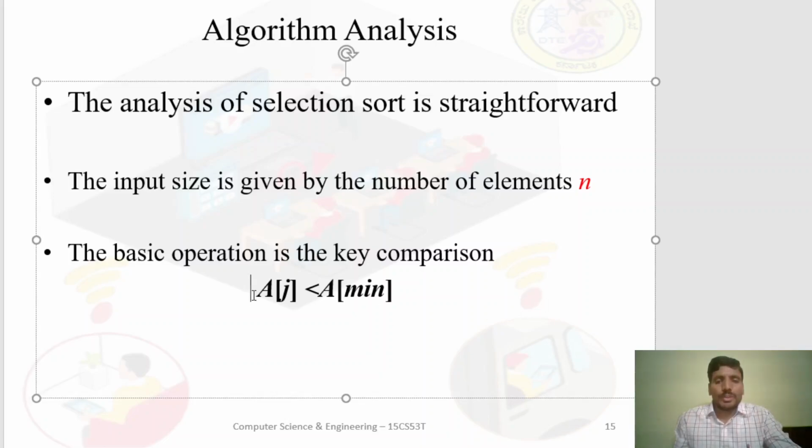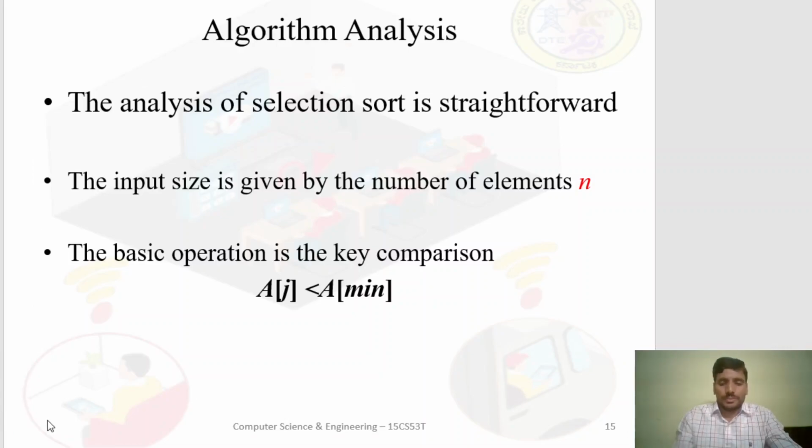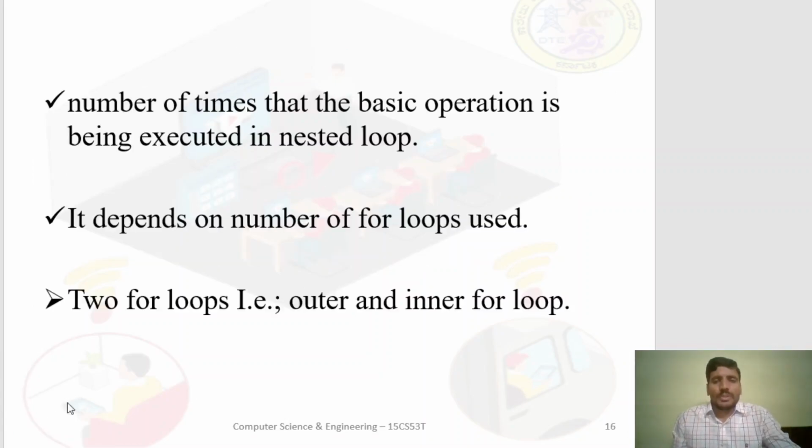So from the logic, here we can see A of j is compared with A of min, right? How many times that basic operation is executed will determine the running time complexity of the algorithm.